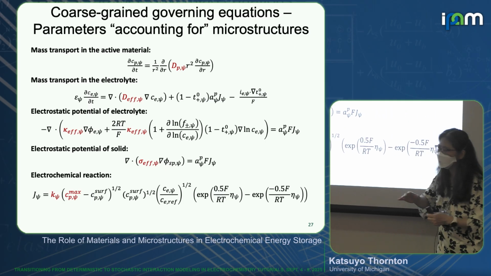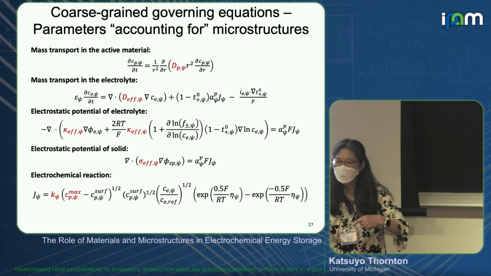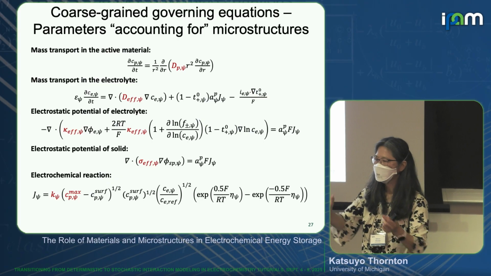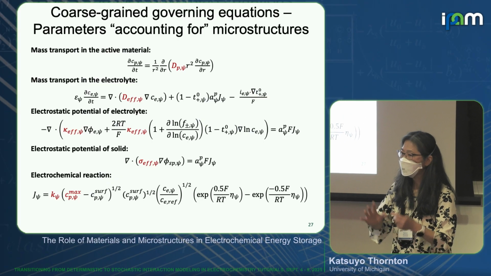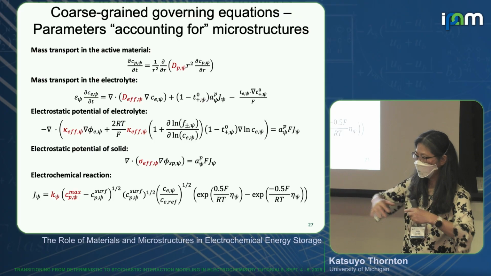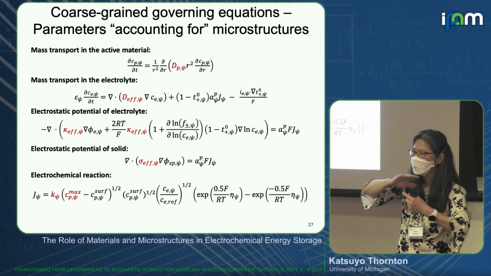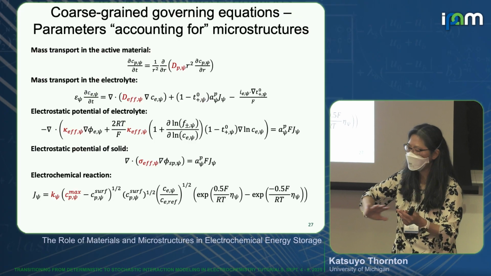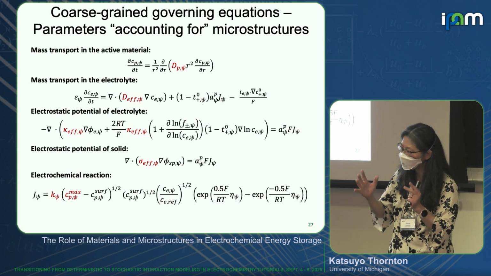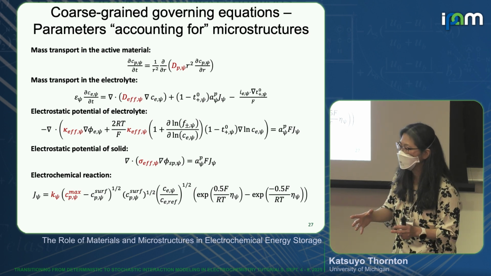All these coupled equations are coarse-grained, or averaged out, over the cell level and some representative volume of the microstructure.